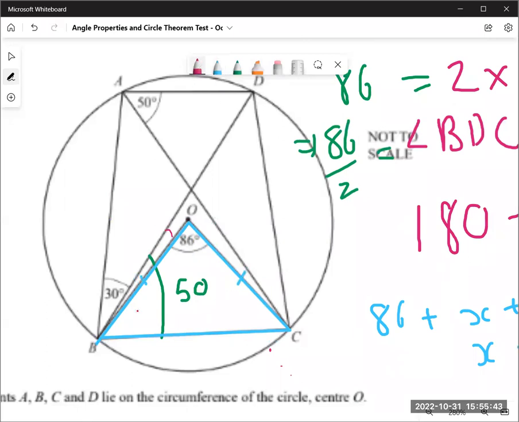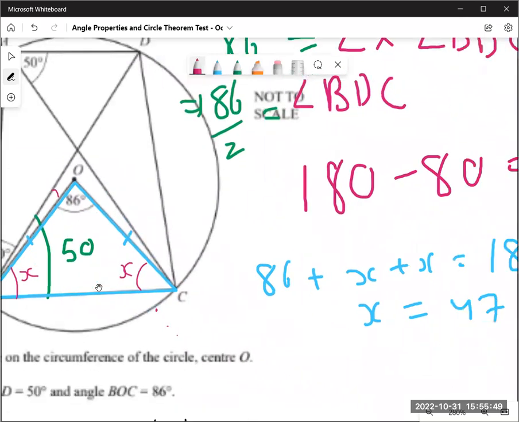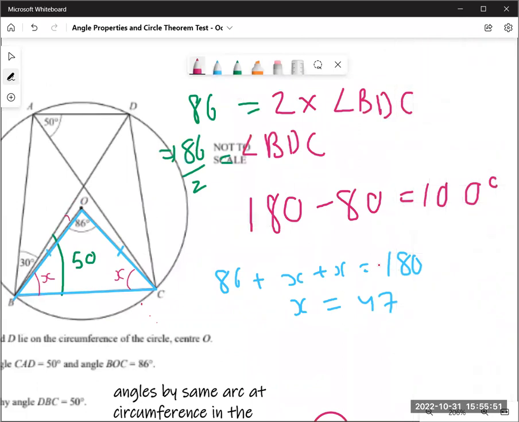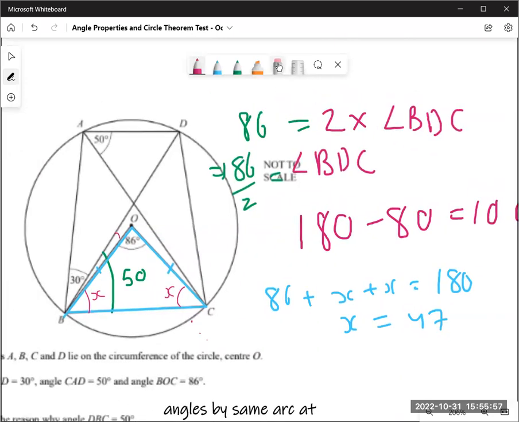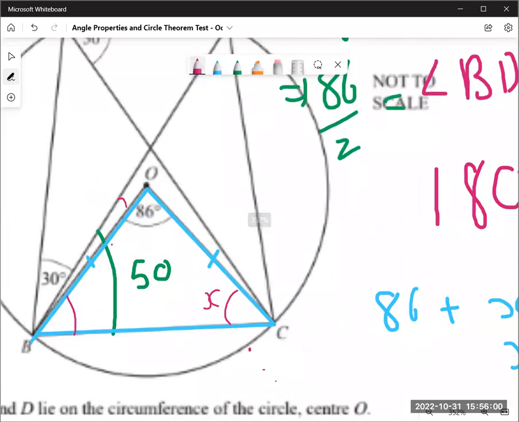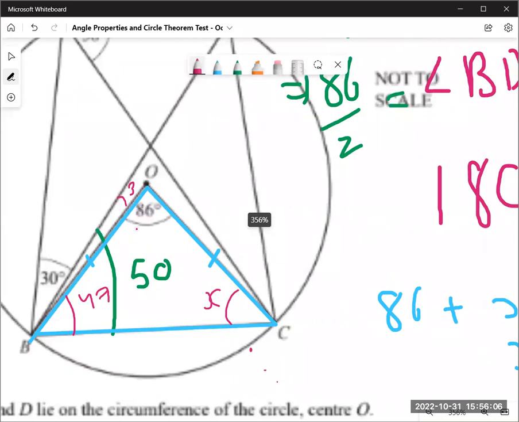Therefore, these two angles must be the same. If this is x, that is also x. Then I can use the sum of angles in a triangle to make it equal to 180. 86 plus x is 180. Therefore, x is 47 degrees. Now, if that is 47, and I know the whole thing is 50, so what is this? That is 3. Safa, clear?